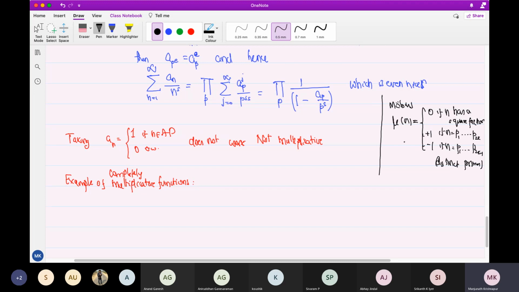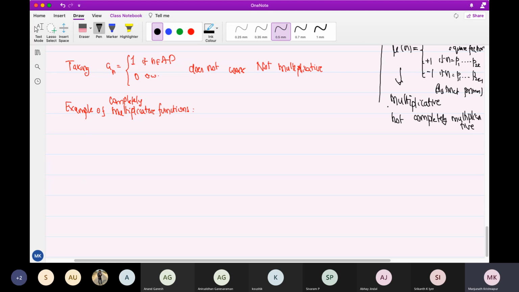So this is an example of a multiplicative but not completely multiplicative function. Okay, so that is not an example of what we want. The examples of interest for us will be in fact completely multiplicative.